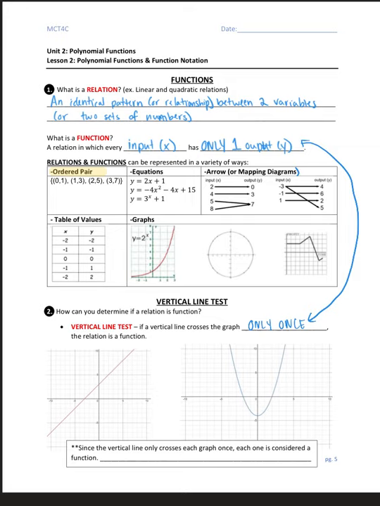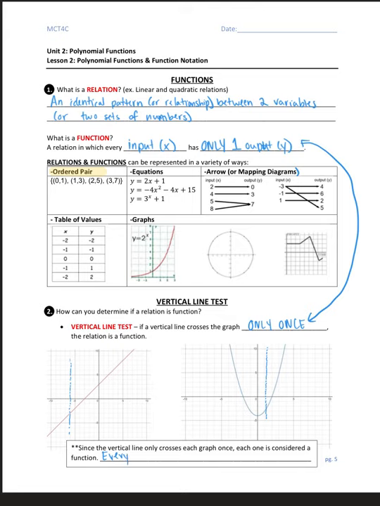So if we look at this line here, can we tell if it's a function? If I draw a vertical line all the way down, it's only going to cross that graph once, and I can draw that vertical line anywhere. The same is true of a parabola. No matter where I draw a vertical line, it's only going to cross the graph once. So since the vertical line only crosses each graph once, each one is considered a function.